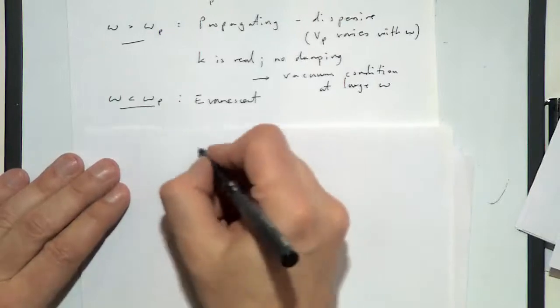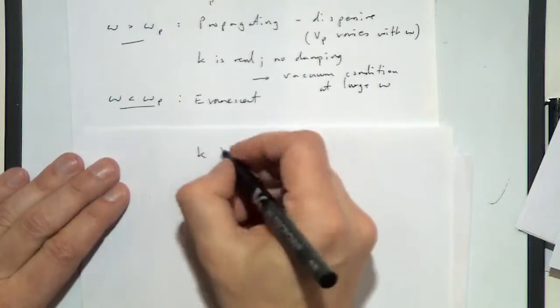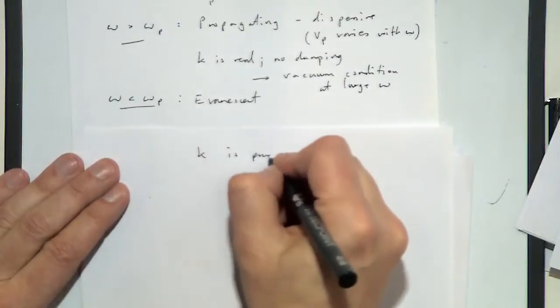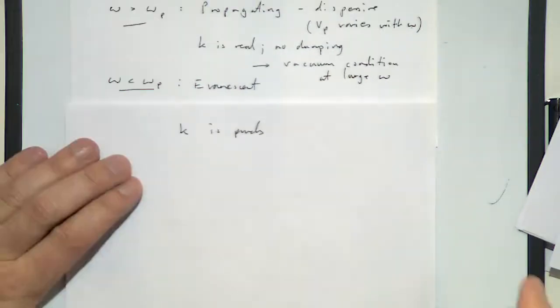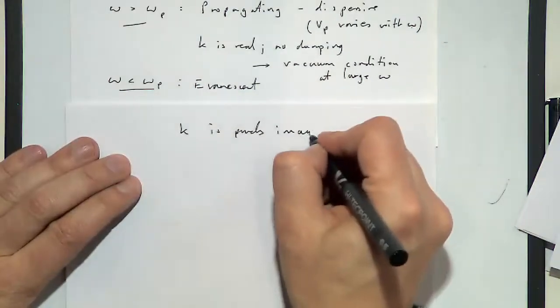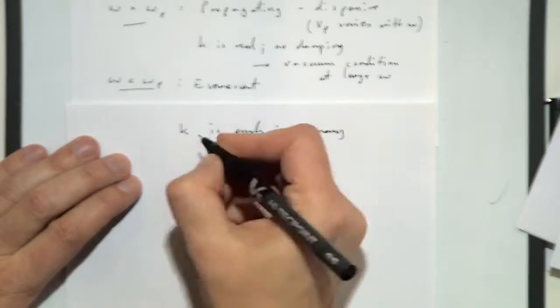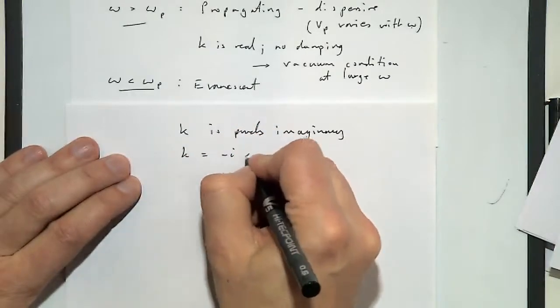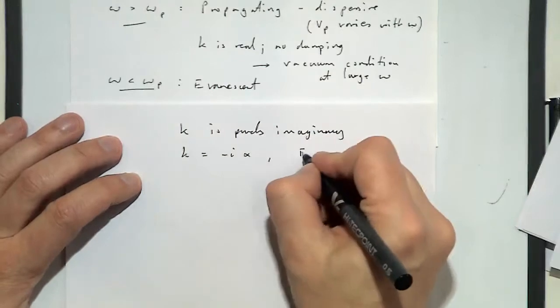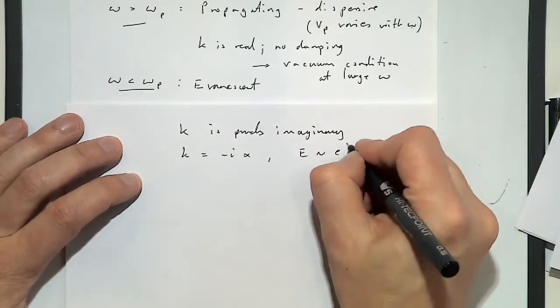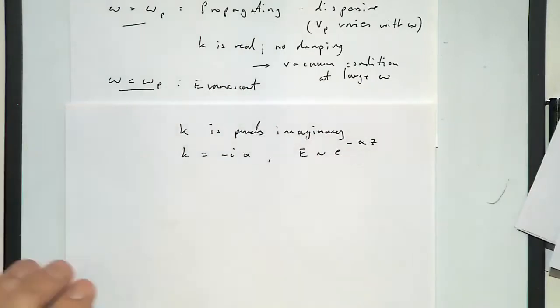In this case, k is purely imaginary. So we can write it as we normally do, k equals minus i alpha, where alpha is some sort of real number. So that E varies something like e to the minus alpha z through the plasma.